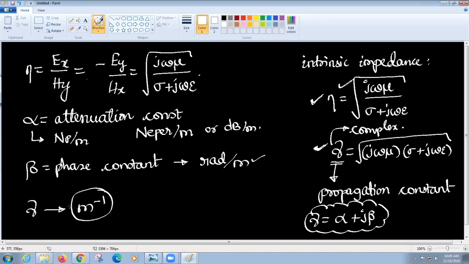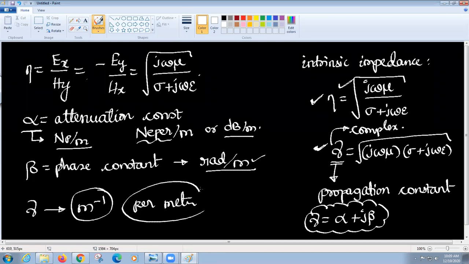So units of alpha are Napier per meter or decibel per meter, the unit for beta is radian per meter, and gamma is per meter.